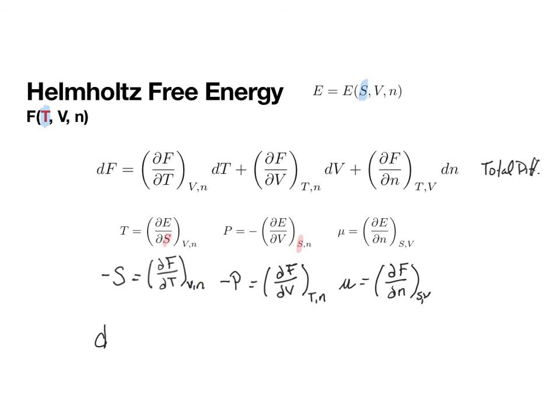And so we get that dF is equal to negative S dT minus P dV plus mu dN.